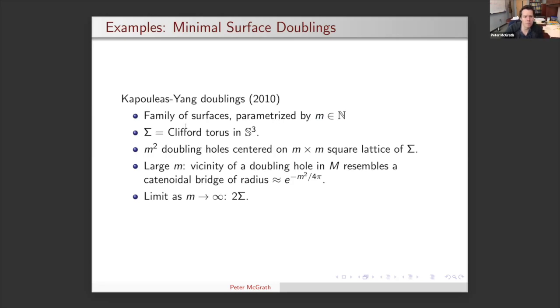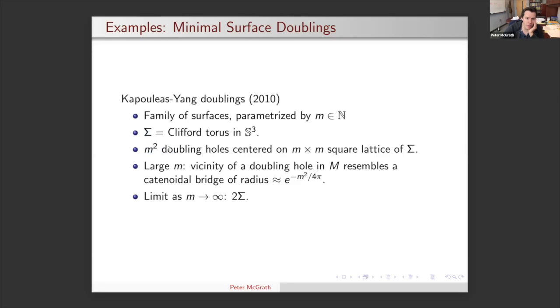Roughly speaking, what one does is take the Clifford torus, which intrinsically is a square torus, and cut it into m by m subsquares by an m by m square lattice, and then decide to put doubling holes centered at the centers of those m squared squares.